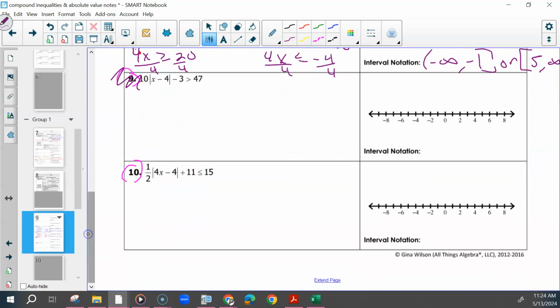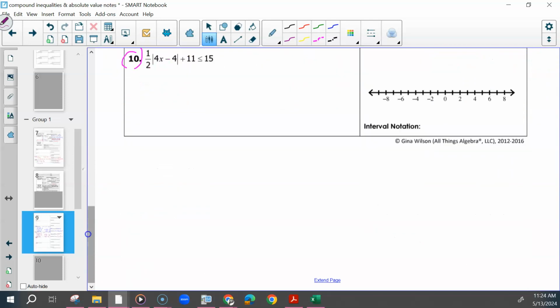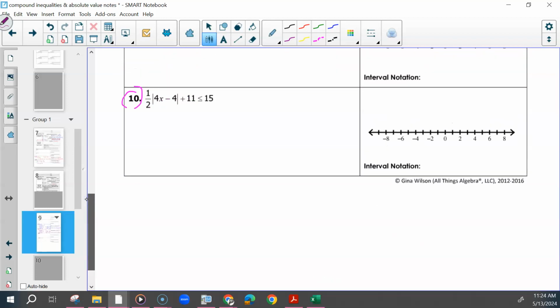In number 10, as is, this looks like it'll be an "and," but I would solve it and make sure first, or isolate it first. What would be the first thing we do? Multiply. You could do that, but you have to multiply everything, so all the numbers are going to change.